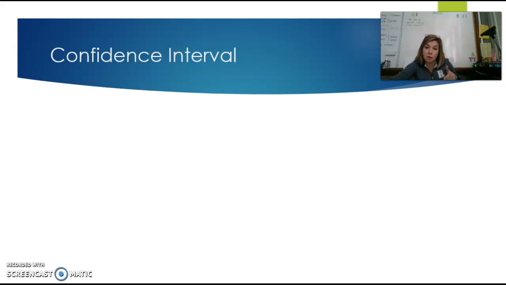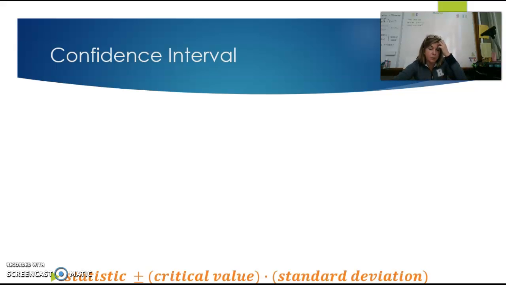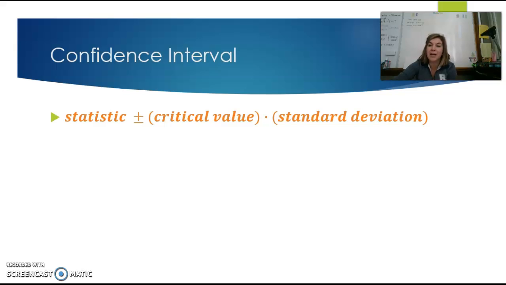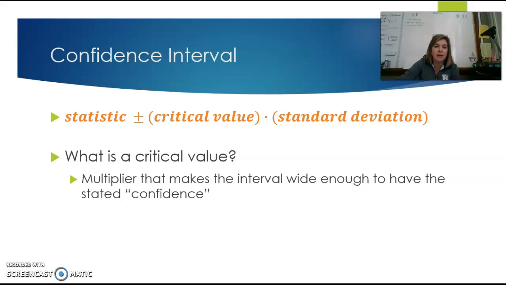So a more general formula for a confidence interval is going to be what you see here. We're going to have some statistic that we find from our sampling, and then we're going to add or subtract what that margin of error might be. And the margin of error, as you can see up here, is dependent on two things. It's dependent on our critical value, which helps make our interval, and it depends on our standard deviation.